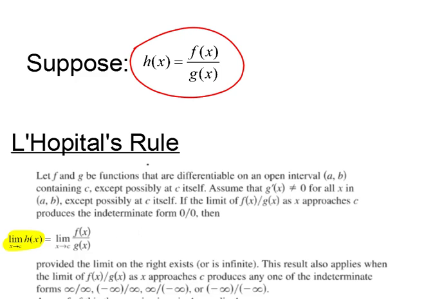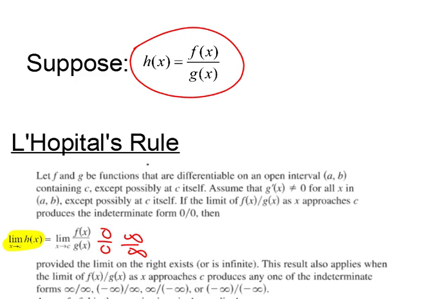In other words, all I'm saying is I've got the quotient of two different functions in this limit. Well, here's what L'Hopital's rule says. If this produces that indeterminate answer of, say, 0 over 0 or infinity over infinity, then I can apply L'Hopital's rule to actually get a value, if the value exists, right?